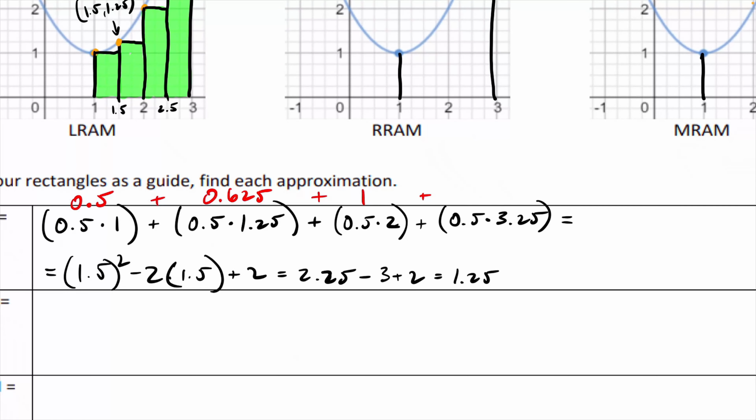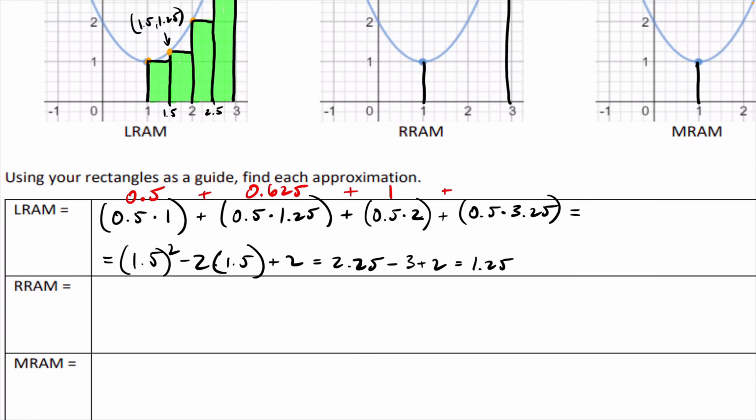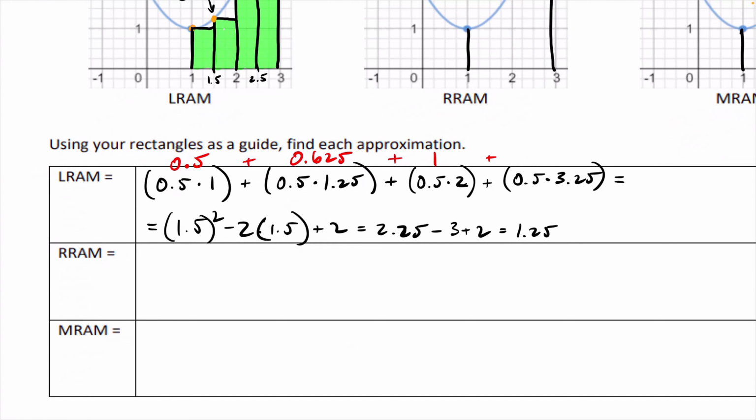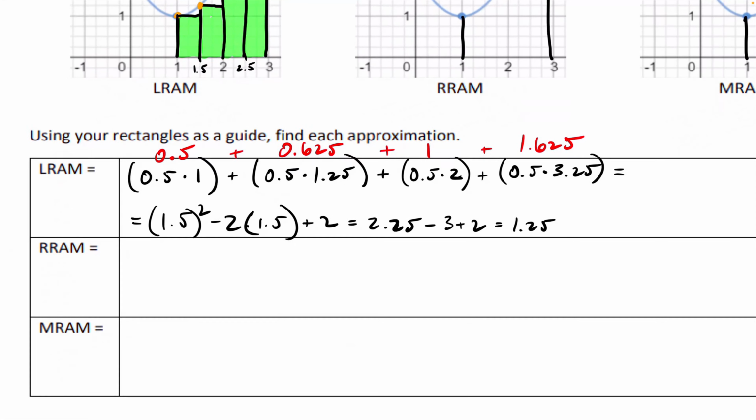Half of 3.25 is 1.625. Add them all together.